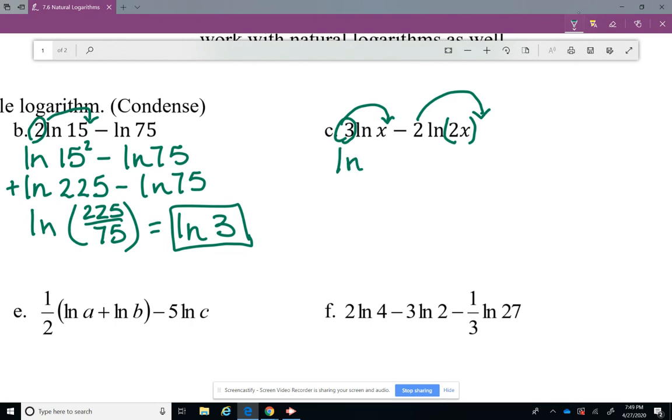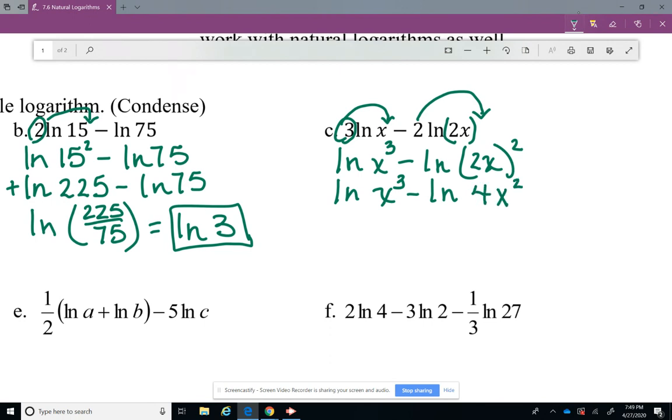So the natural log of x to the third, or x cubed, minus the natural log of 2x squared. Now you're going to have to simplify the 2x squared. So that's going to be 2 to the second power is 4, and x to the second power is x squared. Now remember, there's a plus sign automatically in front if you don't see anything. So this one's going to be the numerator, and since the minus sign, this one's going to be the denominator.